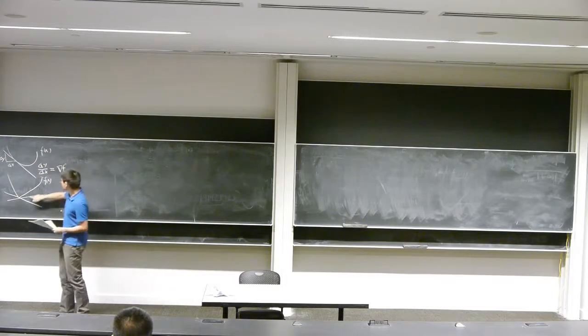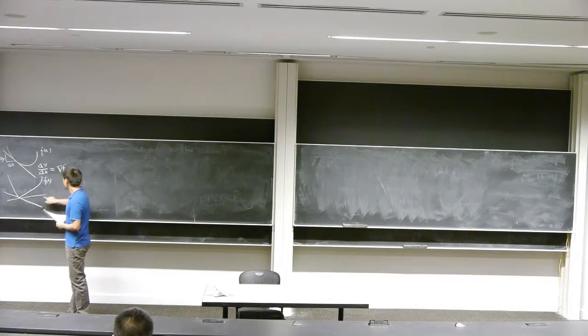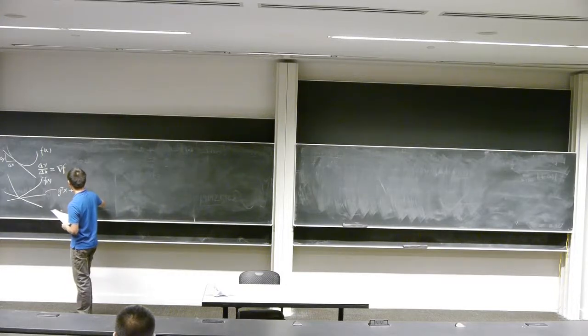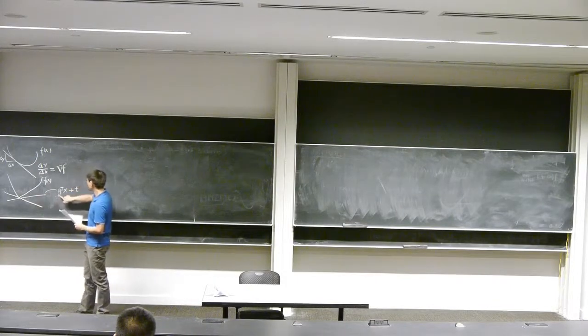So how do I characterize that this plane lower bounds this function? The plane is given by g transpose x plus some constant t. This is how we describe a plane: g is the gradient, and this is some constant.